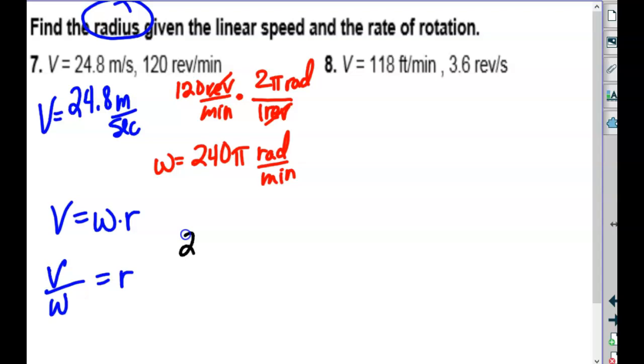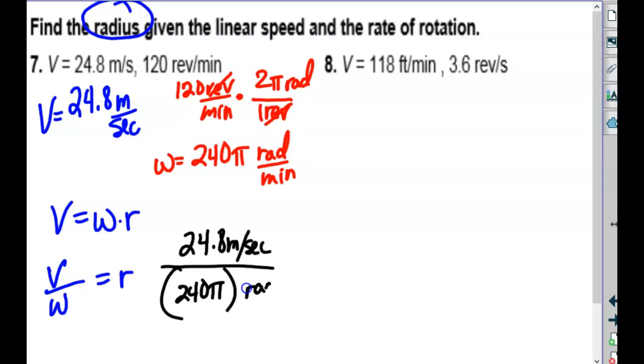Divide. So 24.8 meters per second is being divided by 240 pi, which we're going to need parentheses, radians per, oh no. We can't do this until they're the same label. What else do we got to change? Yes, we need the minutes to seconds.